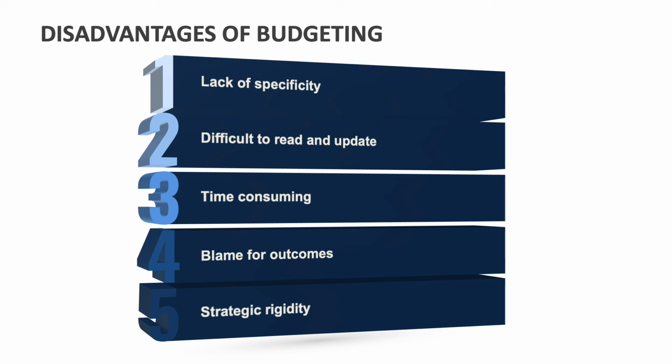The second is that it is difficult to read and update. The extension of the master budget depends on organization scale. So if the organization is very big, then it's going to be very complicated, and therefore it will be very tedious to prepare and also to evaluate.